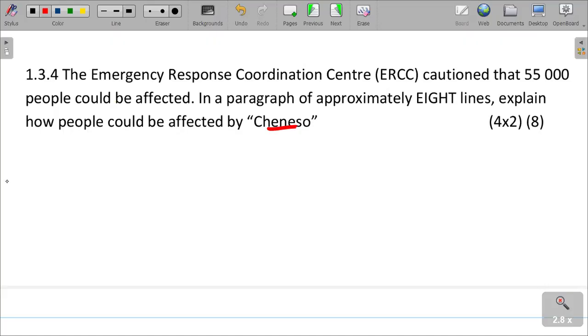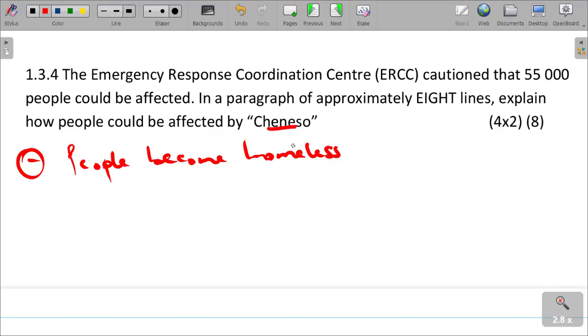We can talk about people becoming homeless because their houses are destroyed by tropical cyclones.